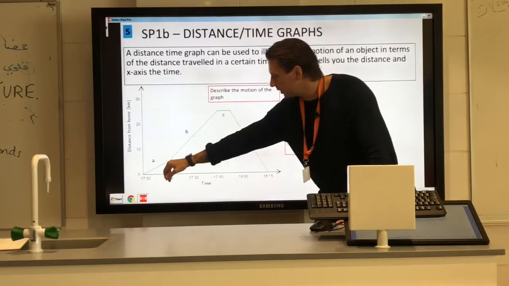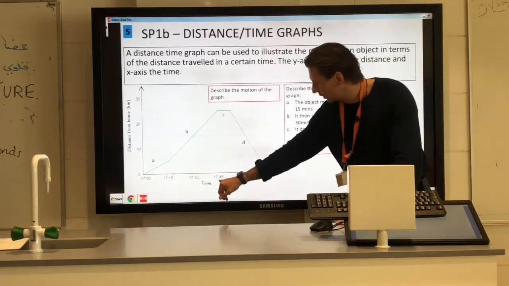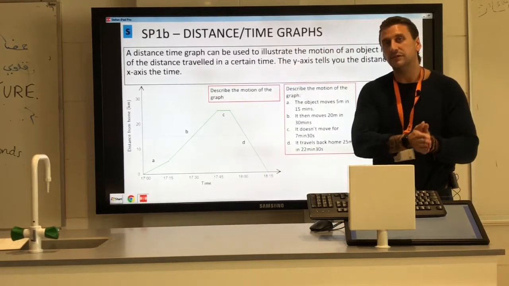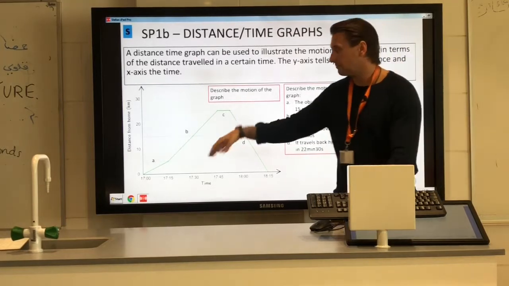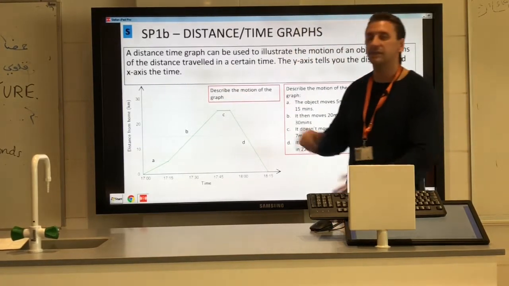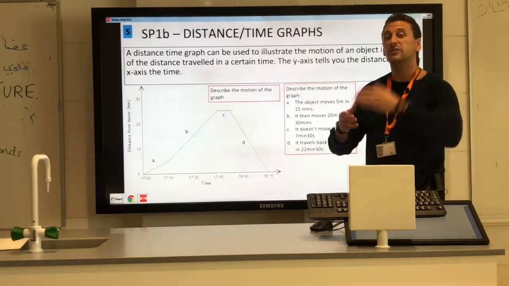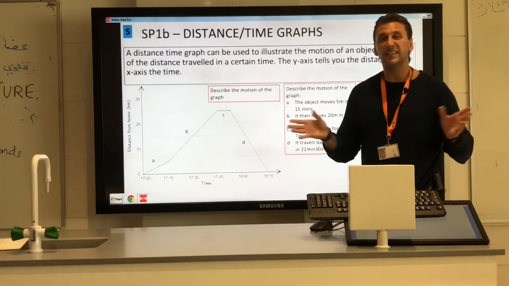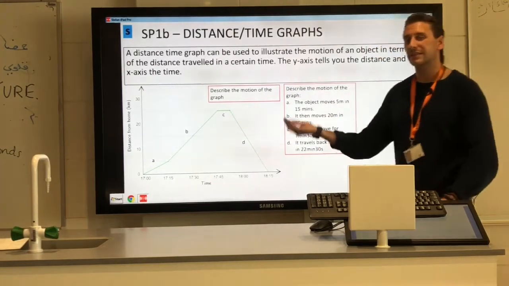But the time was from 7:15 to 7:45, which is 30 minutes. So this object, car, person, has traveled 20 kilometers in 30 minutes. But we don't know any direction, we just know how far they traveled. So this is a scalar.